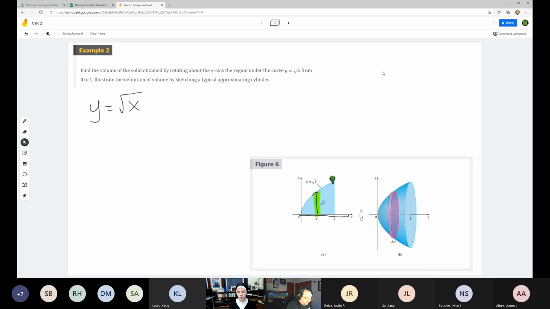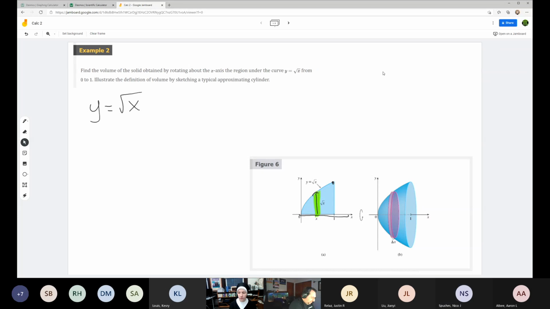At 0, it's going to be the square root of 0. And everywhere in the middle, it's just going to be the square root of whatever my x value was, which gives me that y value. Make sense or no? Yeah, at first I wasn't sure where that came from, but I get it now. Okay.